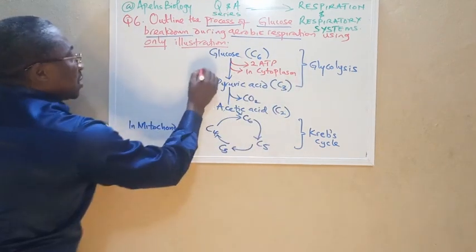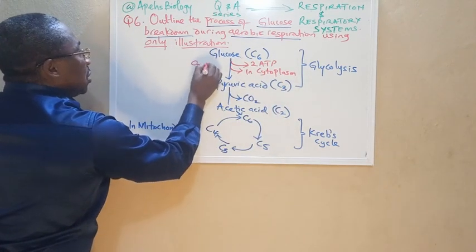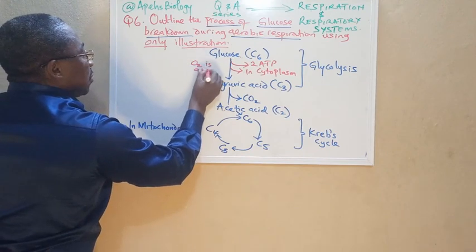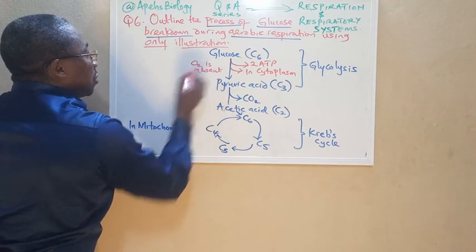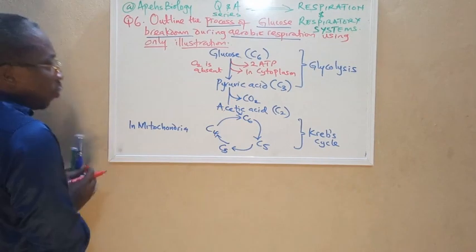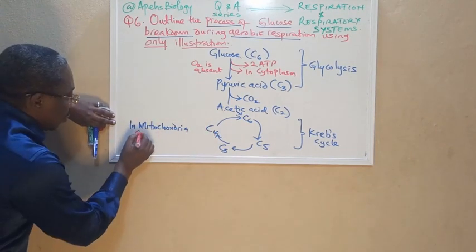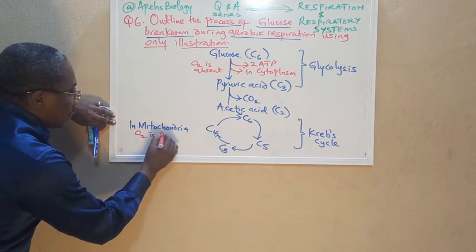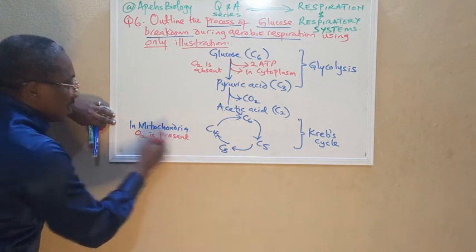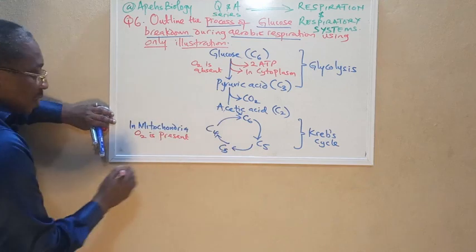And do not forget that during this process, oxygen is absent during glycolysis. When you now come into the Krebs cycle that takes place in the mitochondria here, we now say oxygen is present inside the mitochondria for the Krebs cycle to take place.